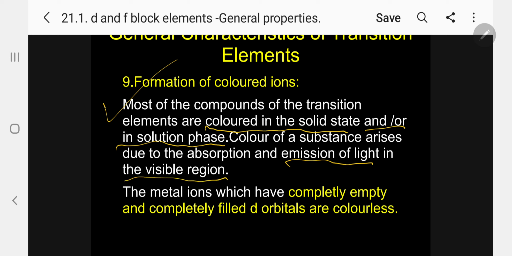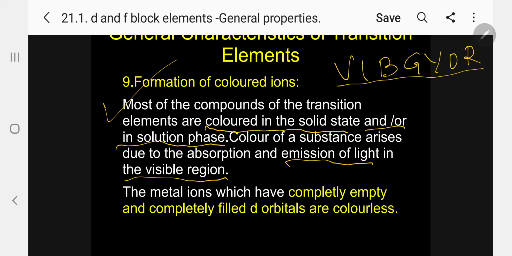The visible region means VIBGYOR. Kindly follow. This word you have to memorize. VIBGYOR indicates violet, indigo, blue, green, yellow, orange, red.